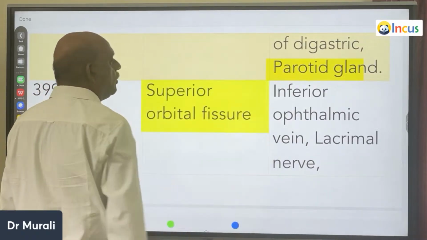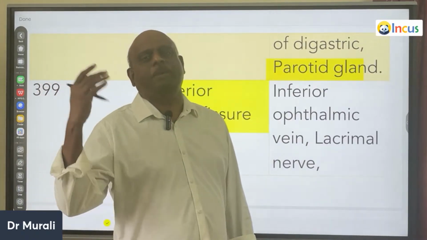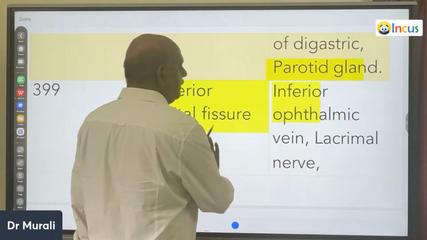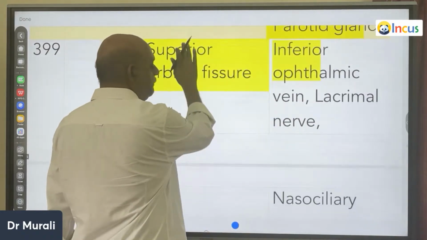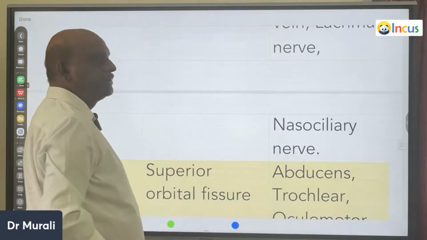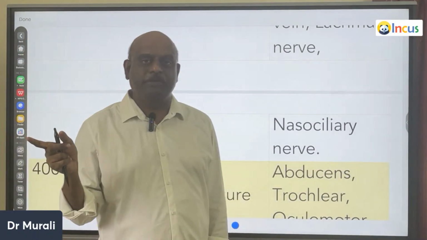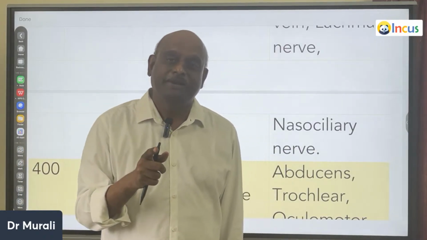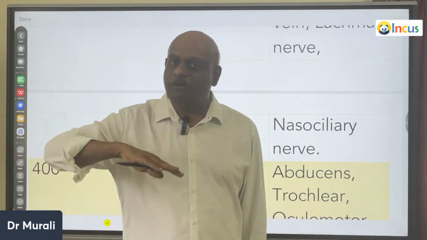Now, coming to the superior orbital fissure, what are the contents of superior orbital fissure, doctor? Inferior ophthalmic vein, lacrimal nerve, nasociliary nerve. They're all the contents of the superior orbital fissure. In my yesterday's class, I discussed about superior orbital fissure, inferior orbital fissure.